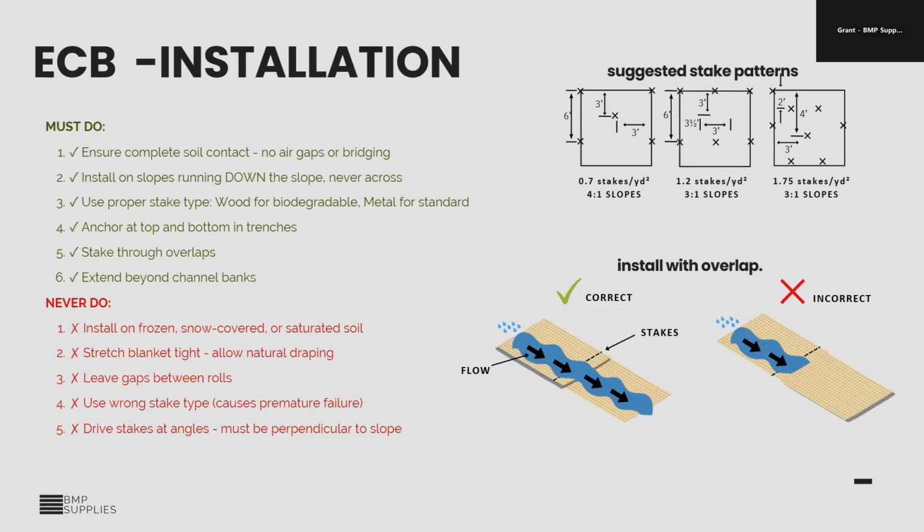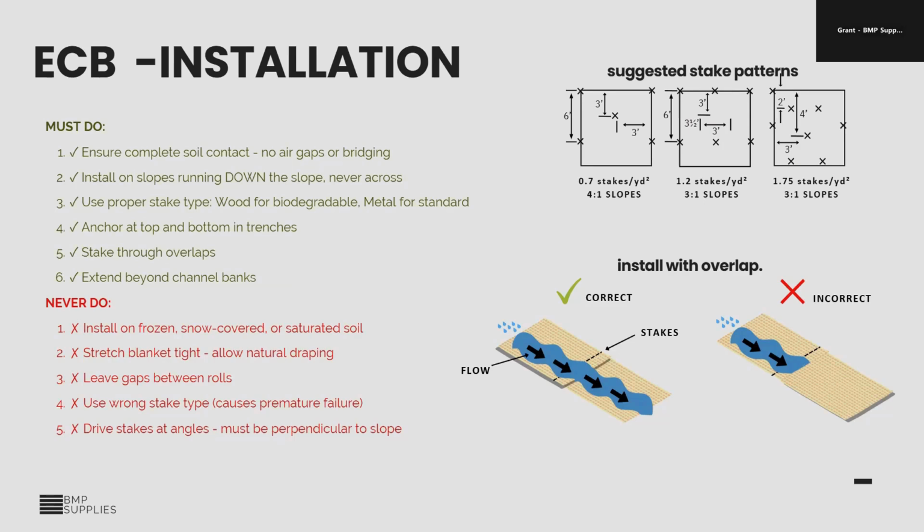And then staples, I like to think of as nails. The steeper the roof, or the steeper the gradient on your slope at your job site, the more nails you want to use. So we have some suggested staple or staking patterns that you can use on your job site.